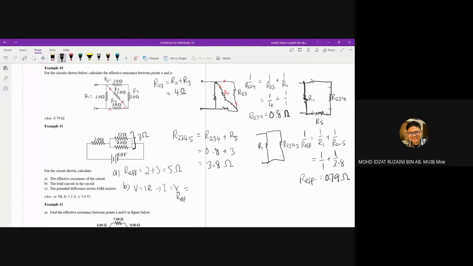So V equal to 6 volt divided by 5. So it is 6 by 5. 6 divided by 5, you will get 1.2. Okay, 1.2 ampere. Okay, that's it for our current.